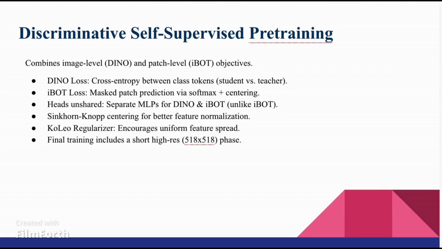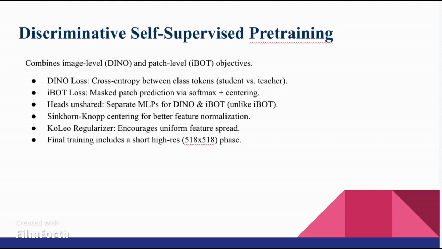Next, moving on to the discriminative self-supervised method, we focus on how DINOv2 actually learns from the data. The key idea here is to combine two complementary objectives. DINO, an image level loss, trains the model to match global representations between two views or crops of the same image. It uses a teacher student model.